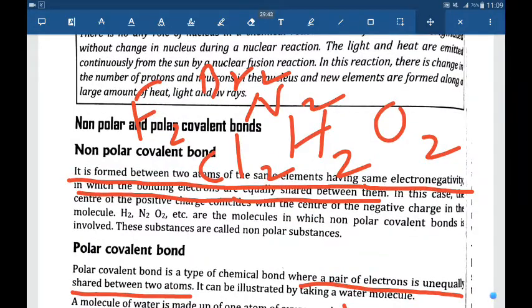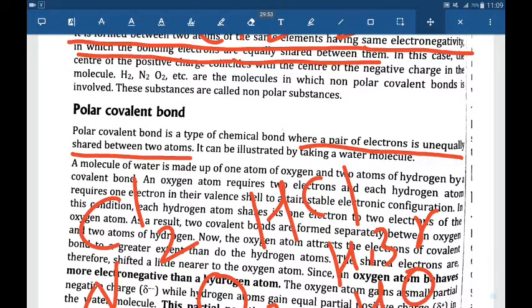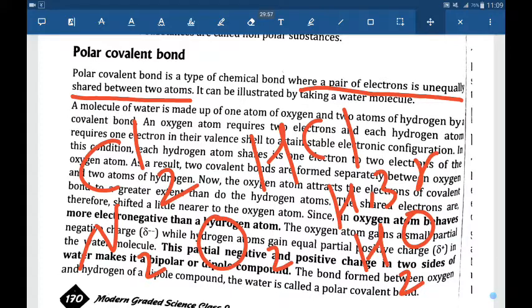Of non-metal elements, chlorine, fluorine, bromine, nitrogen, hydrogen, they are non-polar. If there is the molecule of compounds, that is polar covalent.